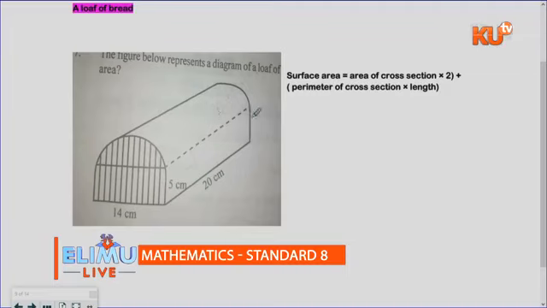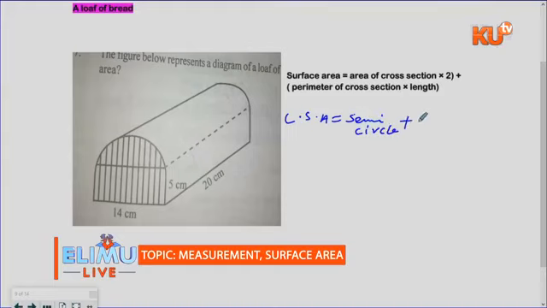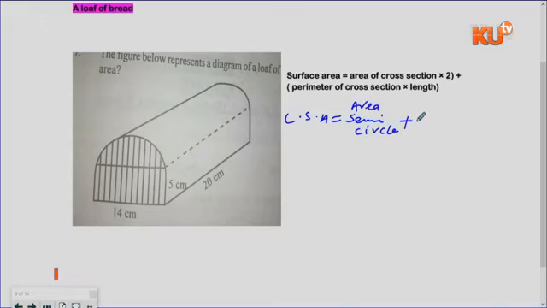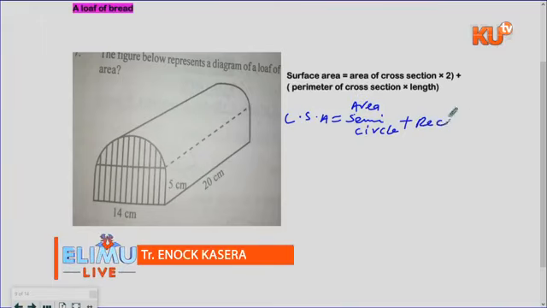Okay, so you can start doing that. We start with the cross section area. I've said that our cross section is made up of a semicircle and a rectangle. So we find the area of the semicircle, and then the area of the rectangle. How do you find the area of the semicircle?